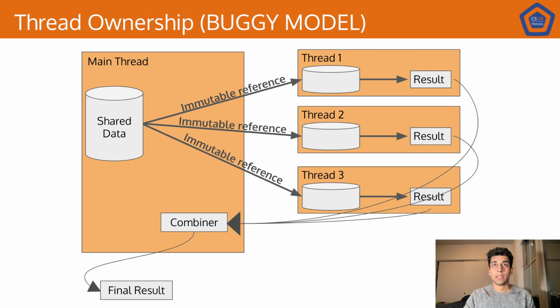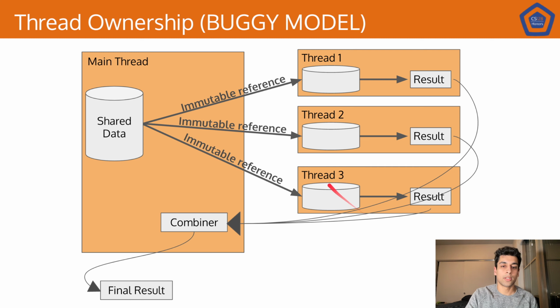Okay, so this is a buggy model we'll be debugging right now. Let's suppose we had a main thread, maybe we had a function call in there, and that function call created some shared data. And then that function call is going to create our threads and give immutable references to the data to our threads, and then the threads will perform some computation on that and yield a result at the end.